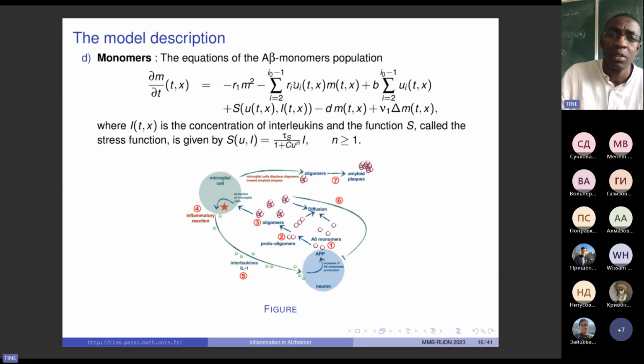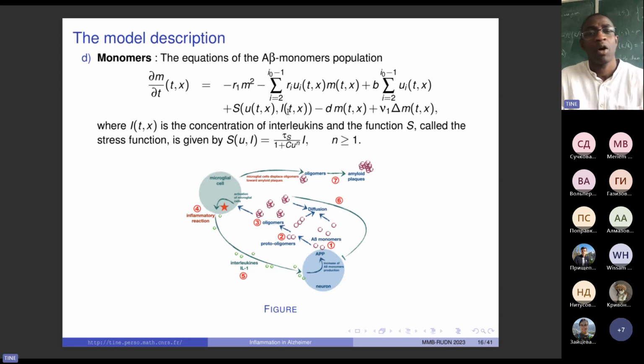This is the rate of gain of monomer from proto-oligomers. So this is lost by the population of monomers. Of course, all the proto-oligomers can lose one monomer. So this is also with the rate B multiplied by the sum of all this, which will be the gain of monomer. So this is also a gain term.